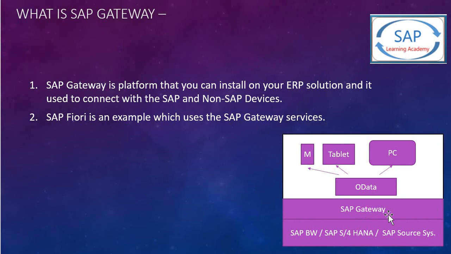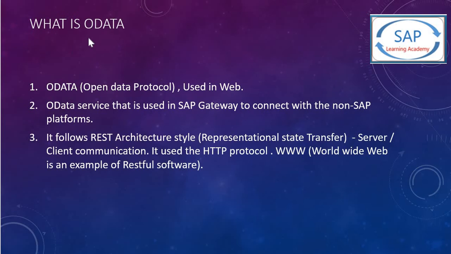Then you have connected your SAP Gateway on top of that, and then you have used these OData services in order to connect with one of the mobile applications or tablet applications or PC applications. As an example, I can tell you the SAP Fiori apps is an example that is used for SAP Gateway services. Now we will be learning about the OData.